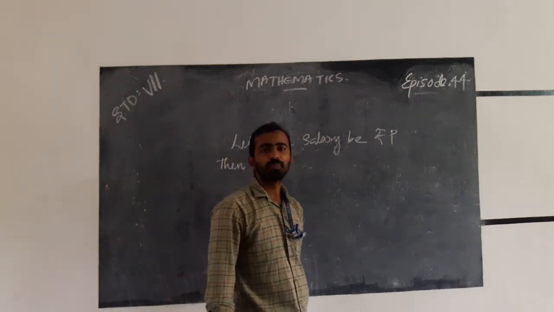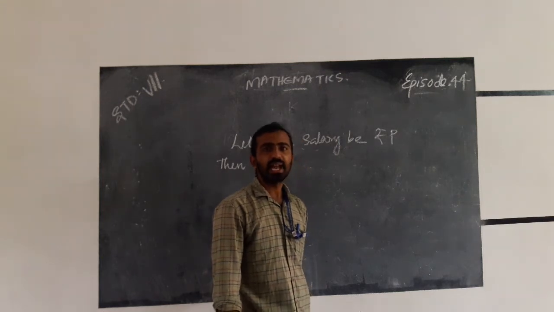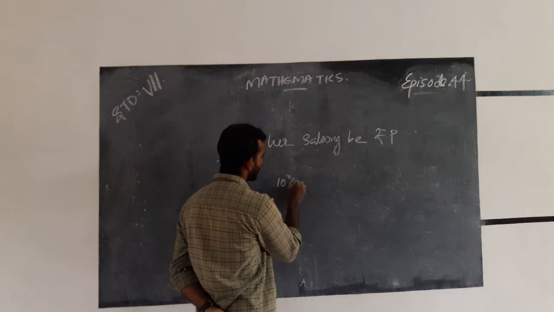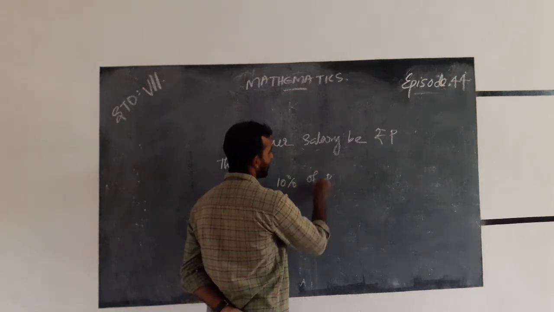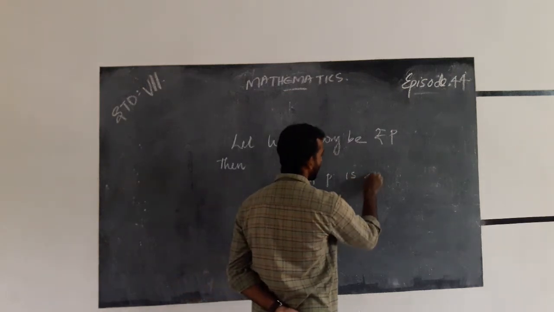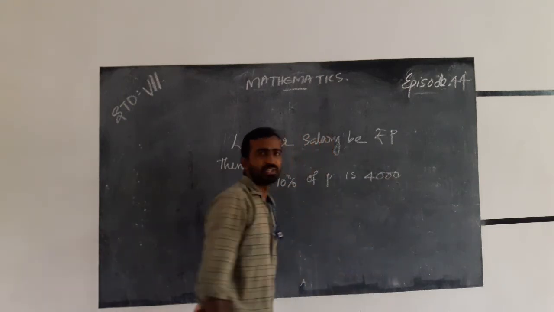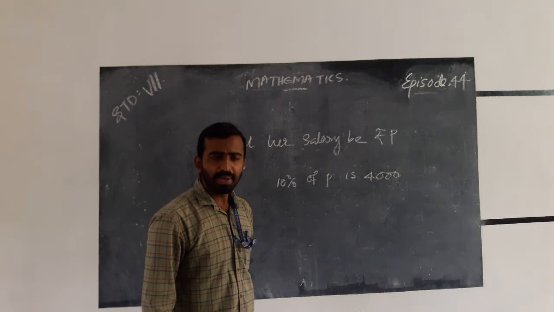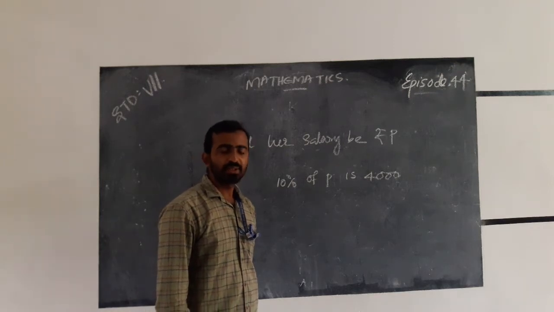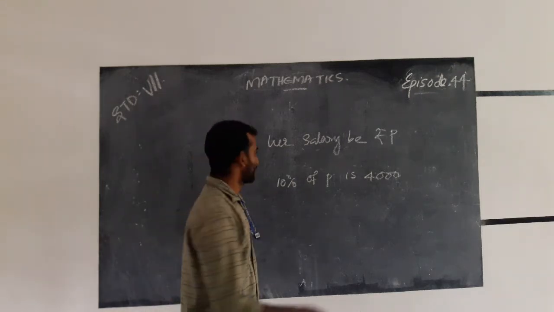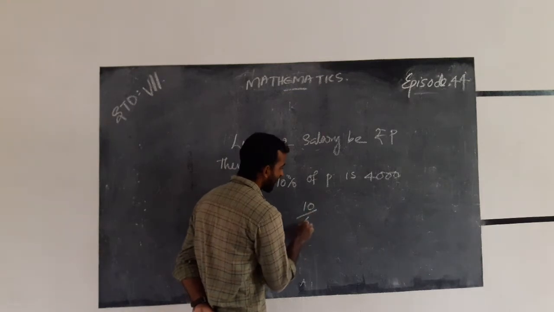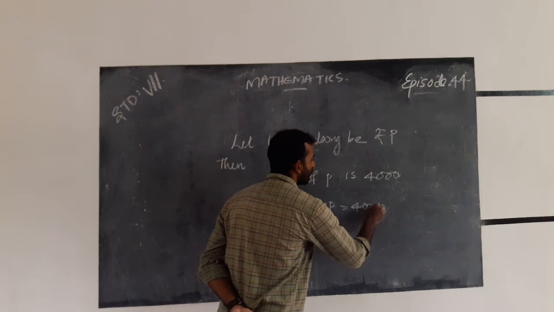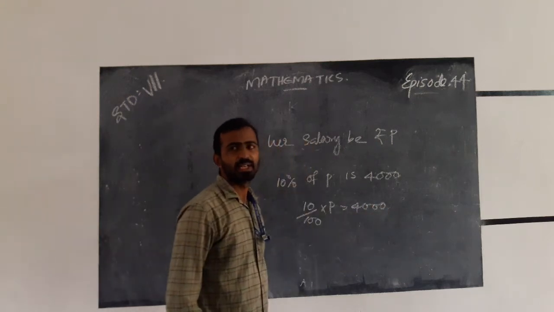Then what can we do? 10% of P is 4,000. Is it?